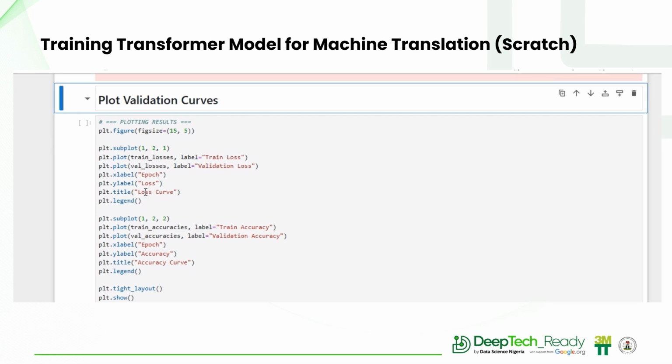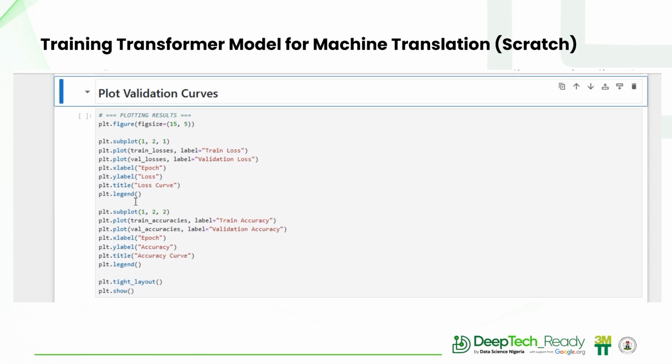That's because the translation task is really a difficult task, and if you don't train on a huge amount of data, you might still get a very bad BLEU value. So just to see the progression, I said let's plot the loss and the accuracy curves, and this is the code that does that. Okay.